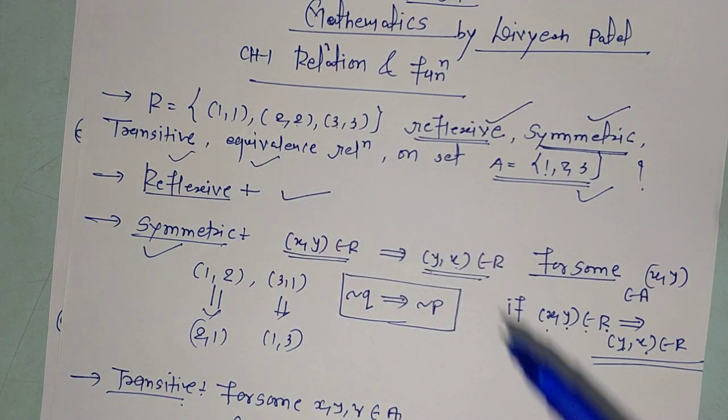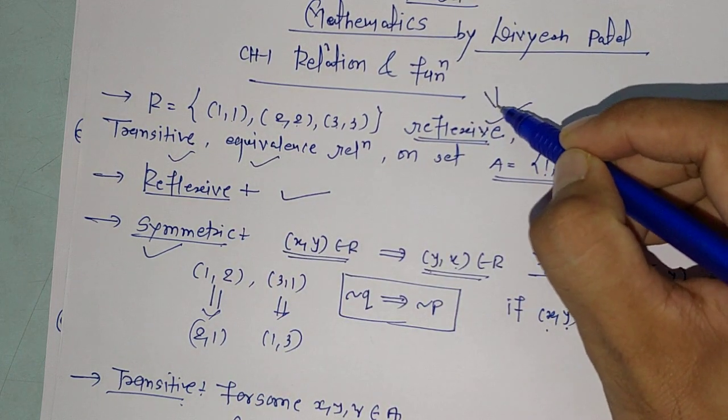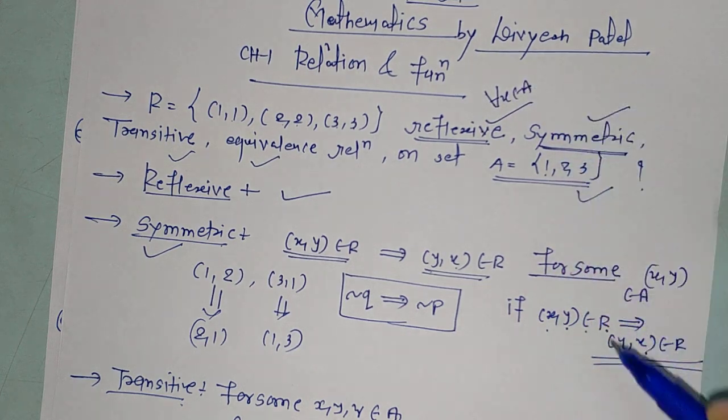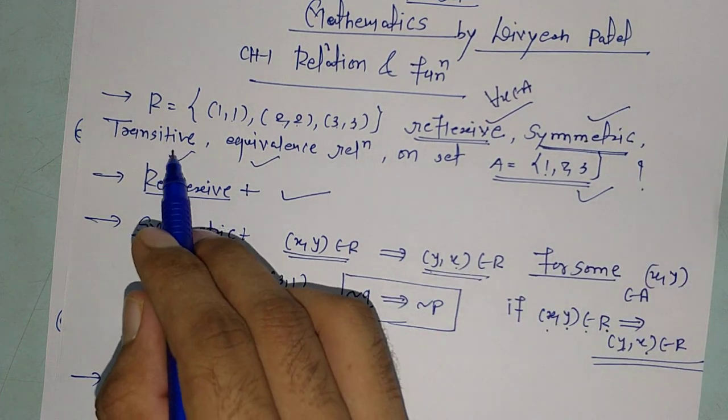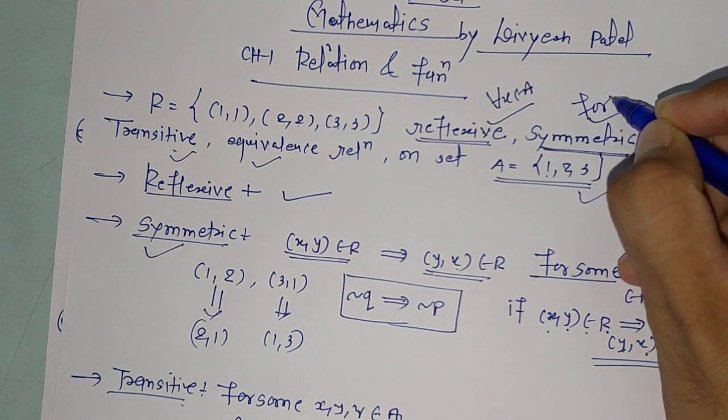This is the question I gave you, which is reflexive, symmetric, transitive and equivalence. Do remember, for reflexivity we apply for all x belongs to A. For symmetric and transitivity we have for some.